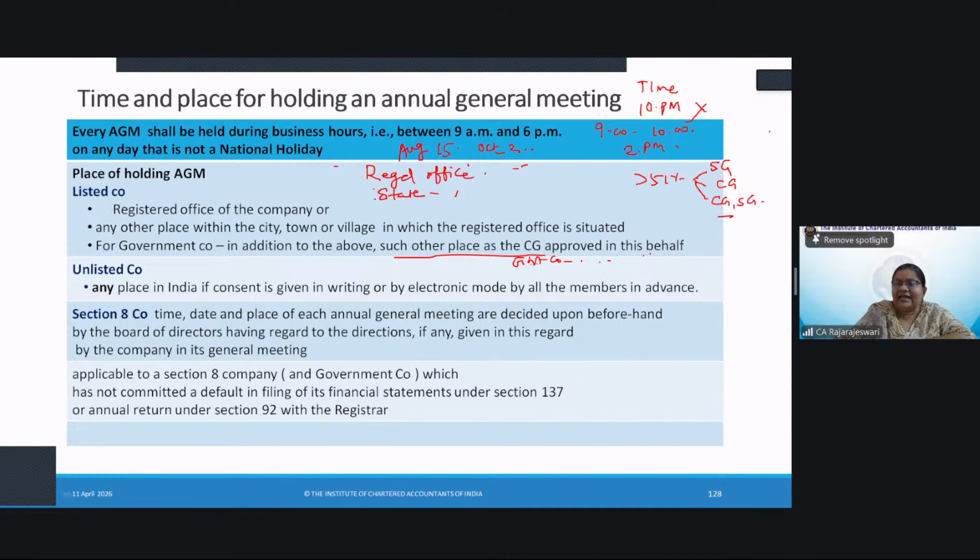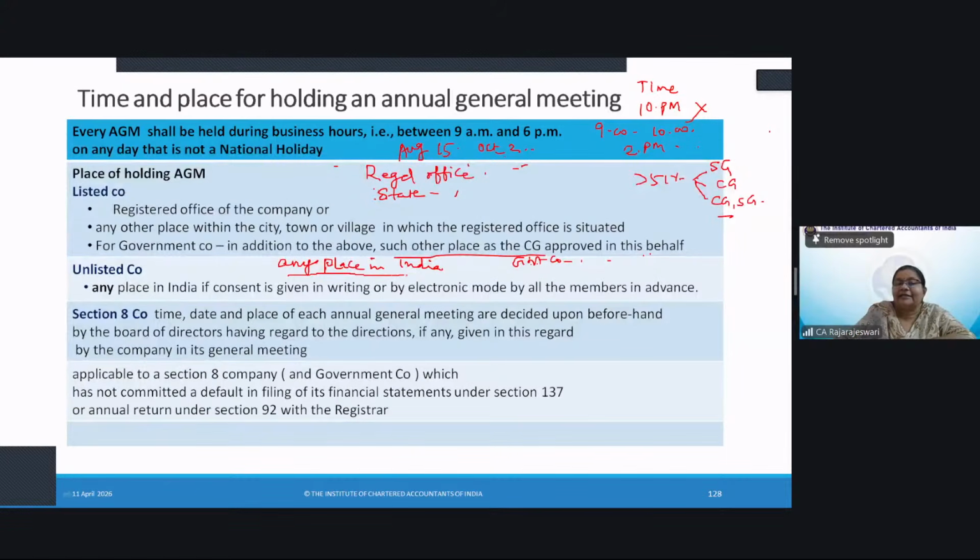If it is an unlisted company, it could be a private limited company or a public limited company, it can be held at any place in India. You cannot keep it in USA, UK, or Japan, or anywhere else.